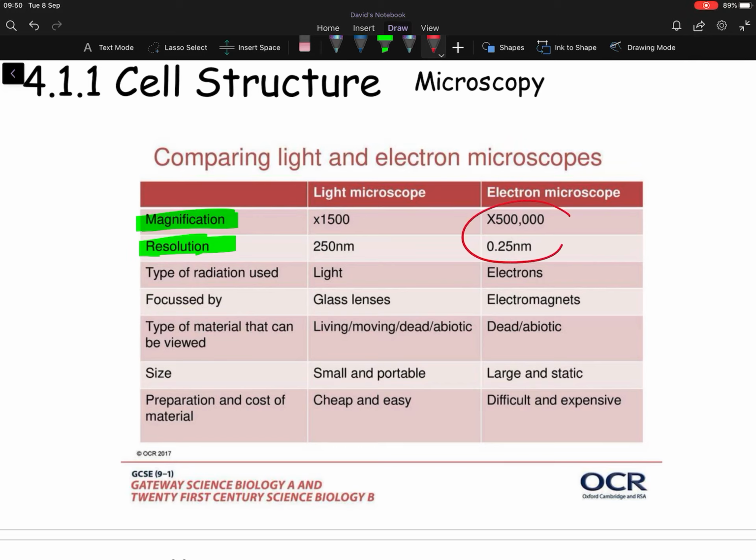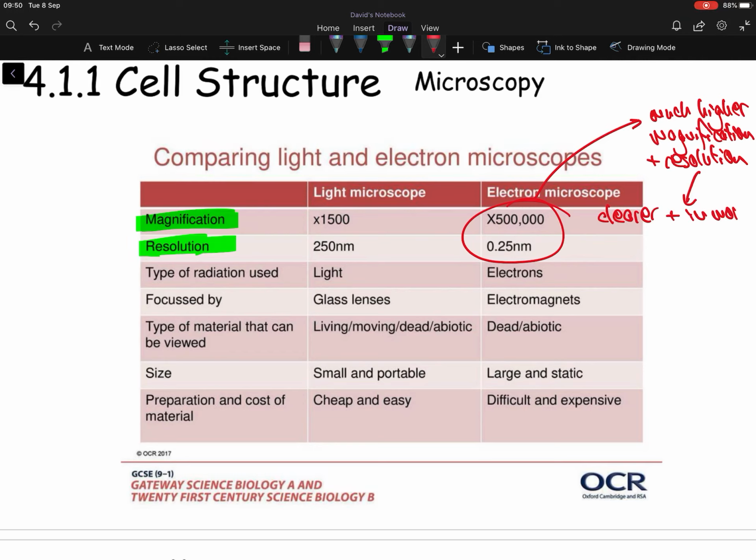So on these, my electron microscope has a much higher magnification and resolution, which means you can see objects clearer and in more detail.